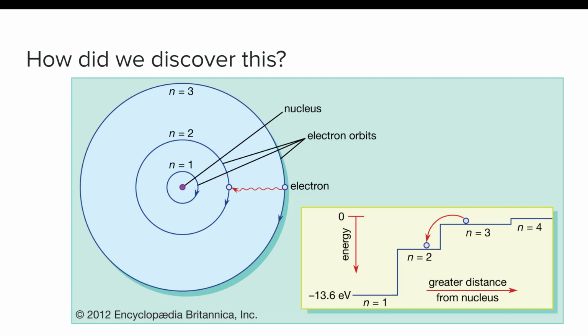We discovered this because we would heat up atoms of different substances, and no matter how much we heated them up, it would always give us the same wavelength of light coming out. You can see this all the time, especially if you ever go anywhere that has neon lights. Neon lights are a great example.